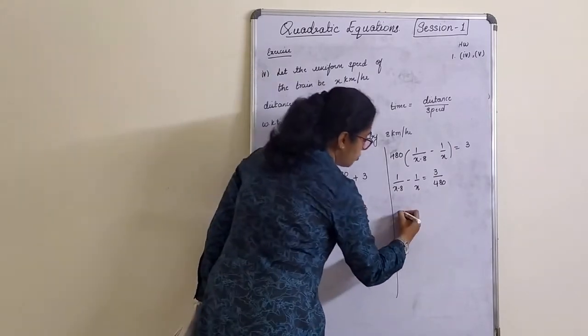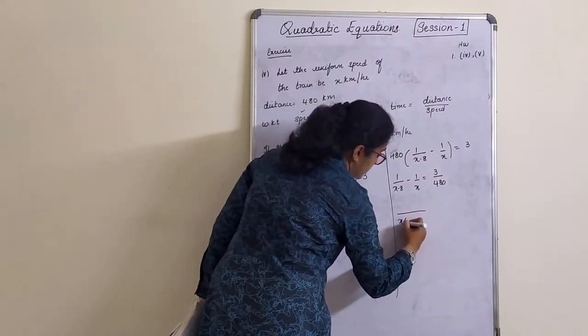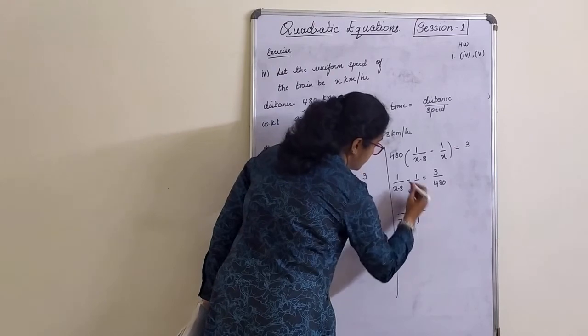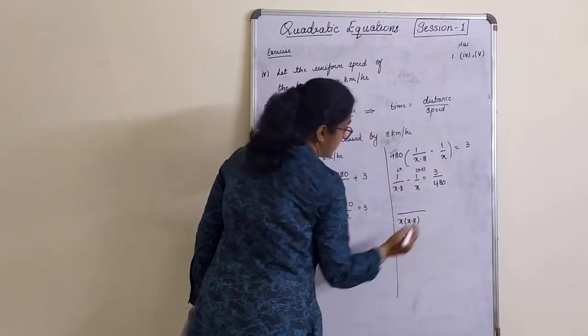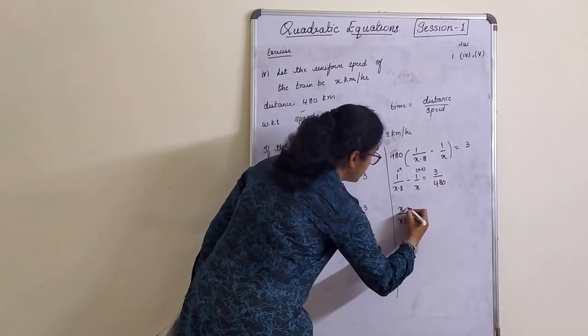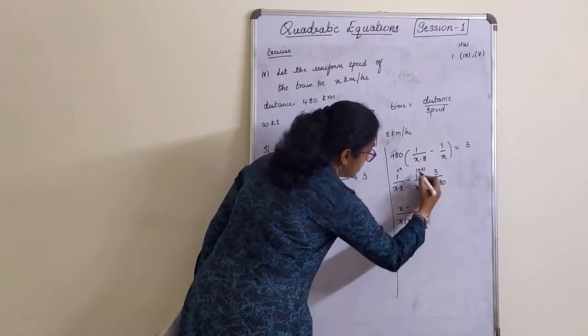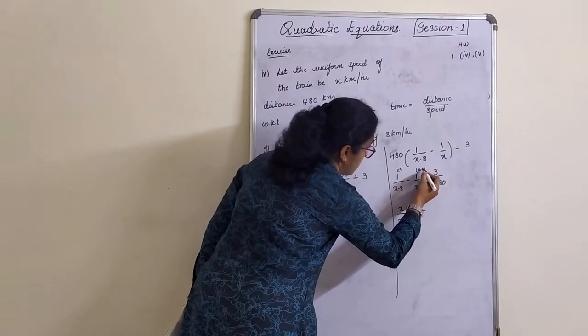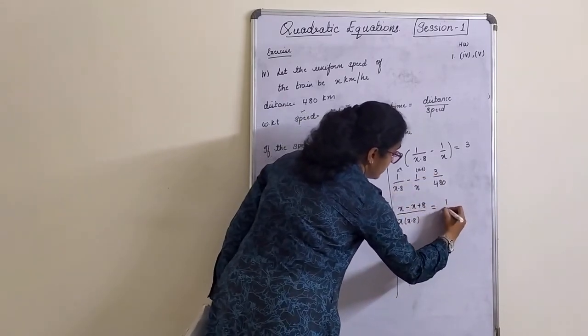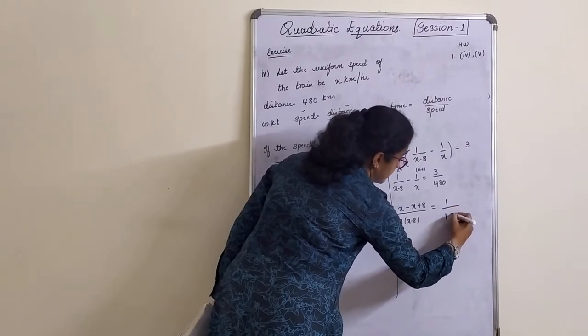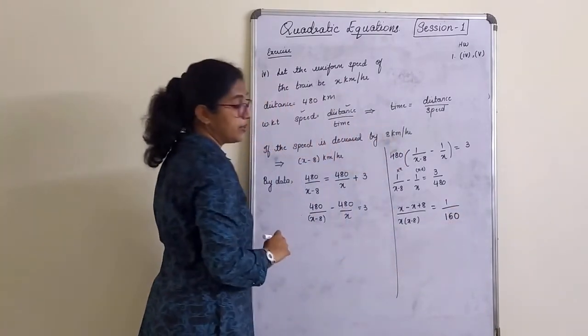Now we will do our usual LCM process. x into x minus 8. So this multiplied by x, this multiplied by x minus 8. So this will be x minus x is minus x, minus into minus plus 8 is equal to 3 ones are 3, 3 ones are 3, 3 sixes are 18, 0.